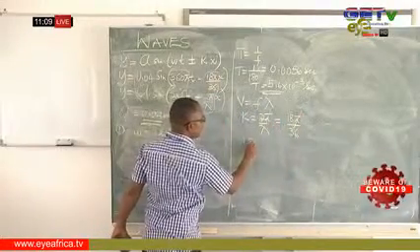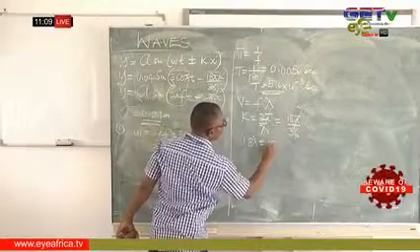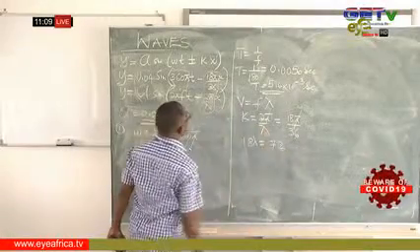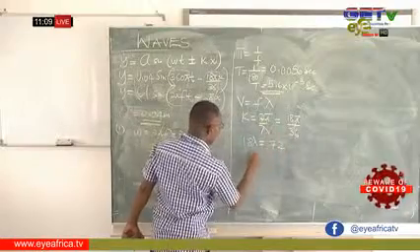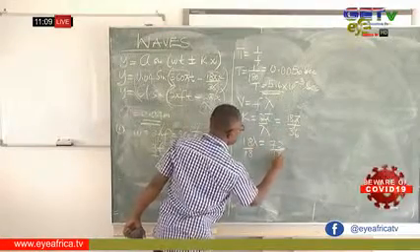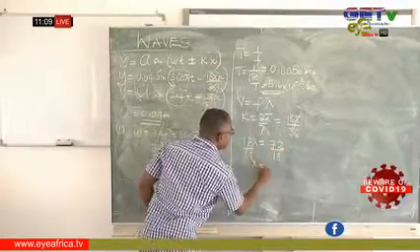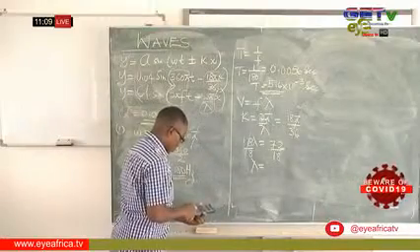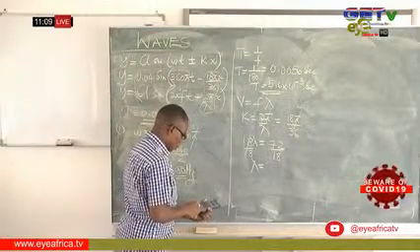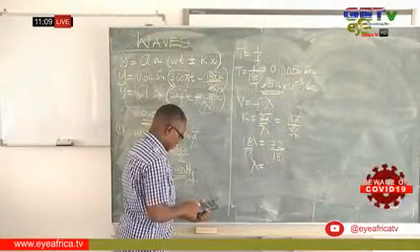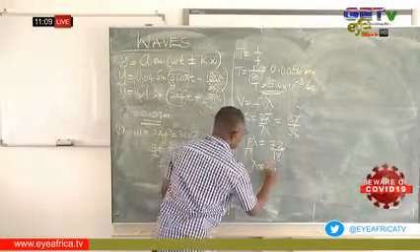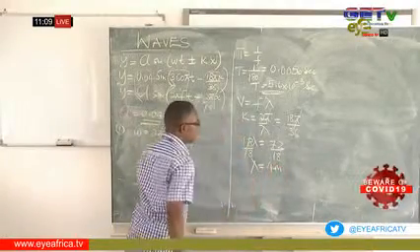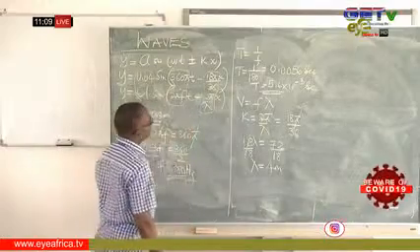I have 18 over lambda equals, this is 72. So I just cross multiply from there. So lambda will give you 72 divided by 18, and that gives 4 meters. So now we have lambda as 4.